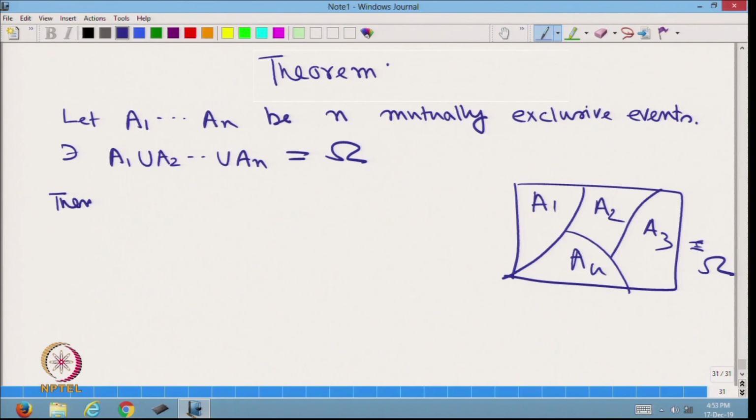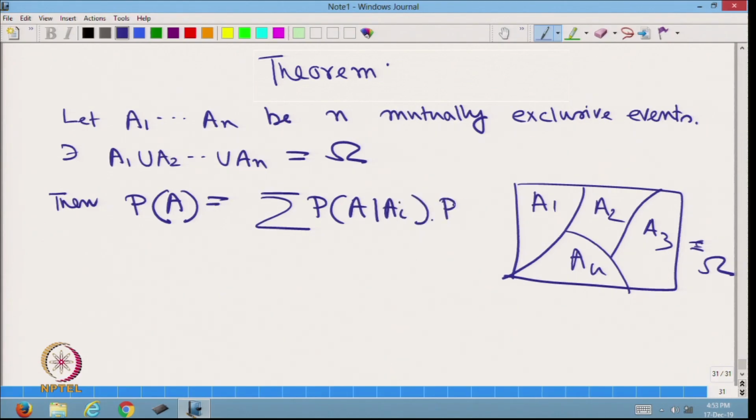Then the probability of any event A is equal to sigma probability of A given Ai multiplied by probability of Ai, i is equal to 1 to n.